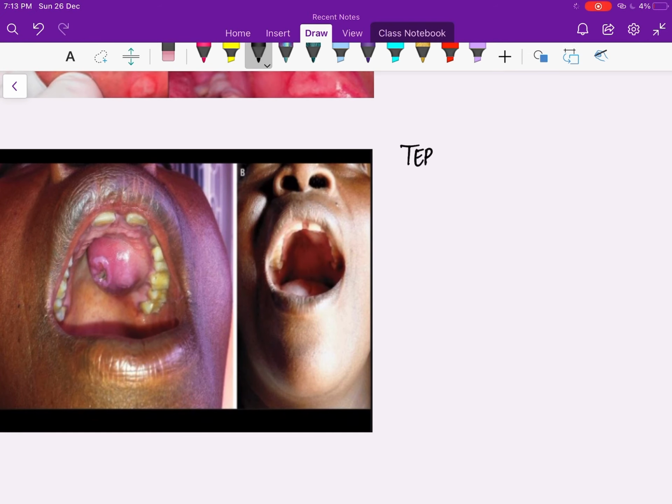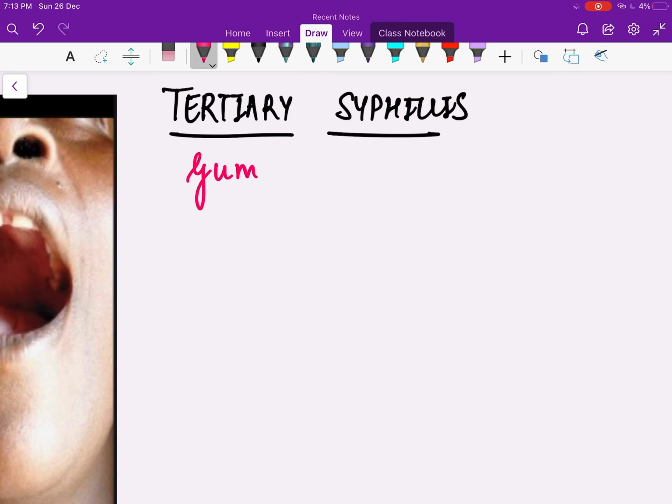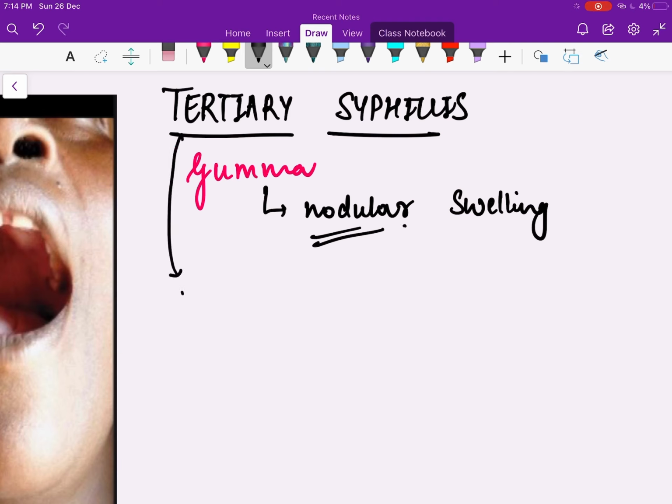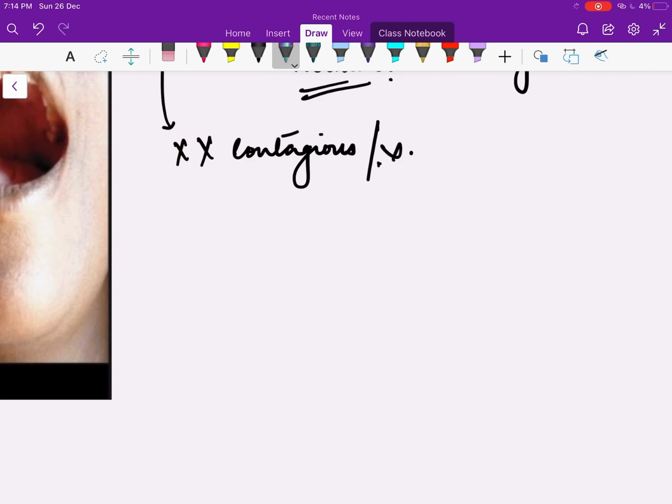Coming to tertiary syphilis. In tertiary syphilis, there is formation of a nodular swelling called a gumma. Gumma is a nodular swelling. It can be seen in the tongue or in the palate. It is not contagious, it is not an infectious stage, but it is a pre-malignant condition of the oral cavity.